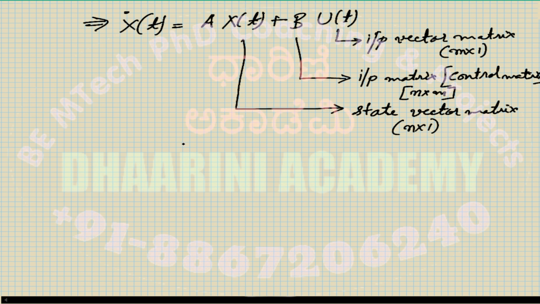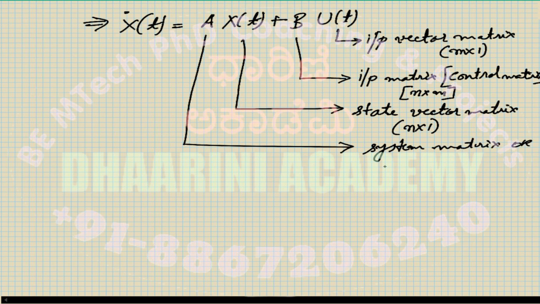Now A is the last term remaining here. A is called the system matrix or evolution matrix. The size of A is n cross n. It's a square matrix.